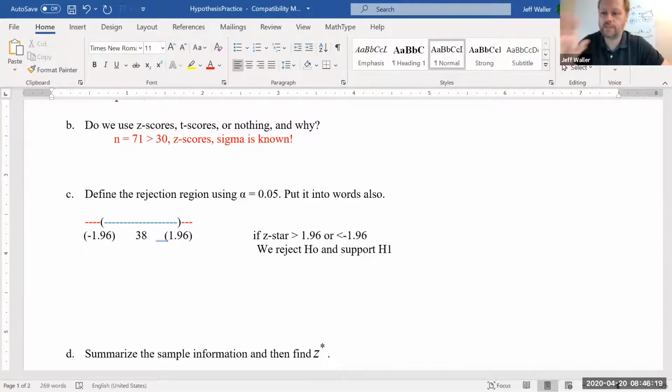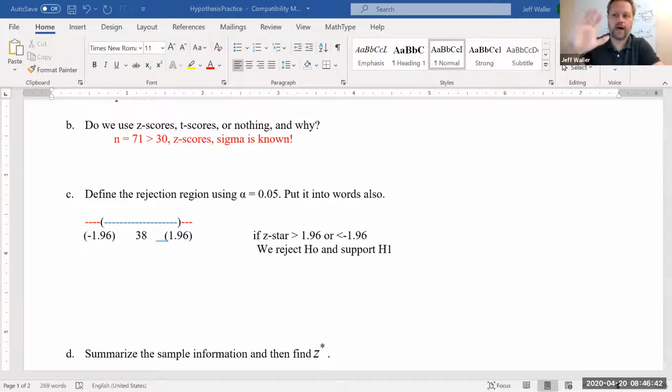Now, let me say a couple things about chapter 9, if you haven't noticed this yet. 9.1, 9.2, 9.3, 9.4 break up the steps of a hypothesis test into chunks. 9.5 is where the problems kind of start.